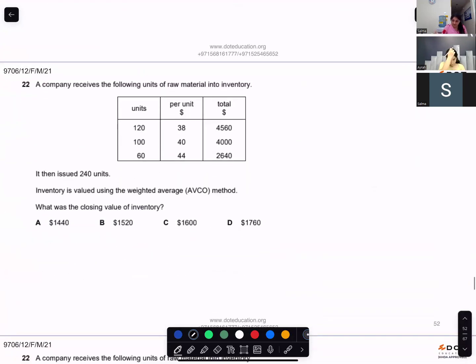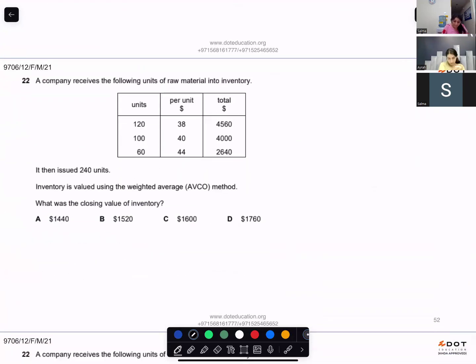Next. A company receives the following units of raw materials into inventory. It then issued 240 units. Inventory is valued using the AVCO method. What was the closing value of inventory? So just do the total of all this.